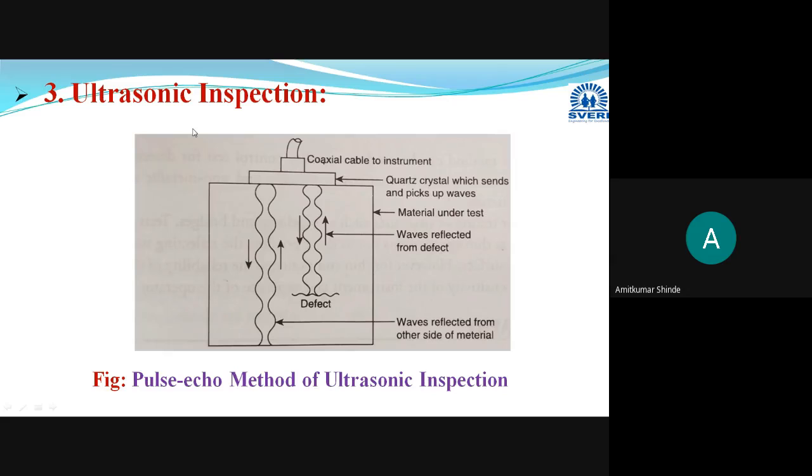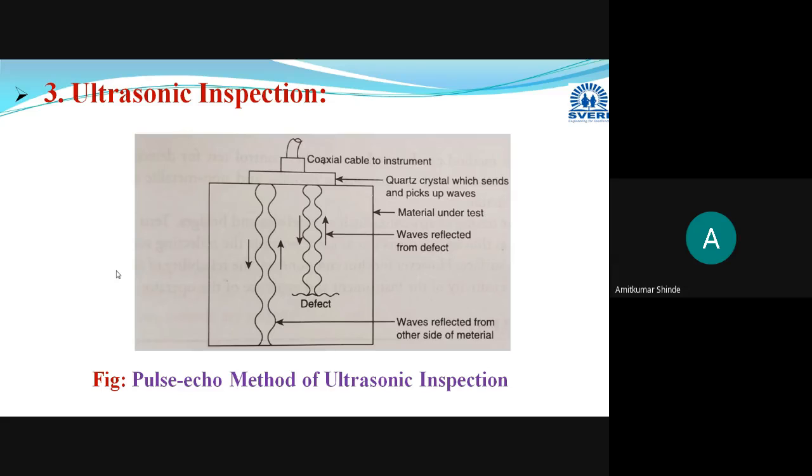Ultrasonic waves are allowed to pass through the material which is required to be tested for any kind of defects or flaws. From that material, the ultrasonic waves are allowed to pass, and we are collecting the pattern. We are keeping one cathode ray oscilloscope screen at the other end, and we are collecting all the patterns obtained from the different ultrasonic waves.